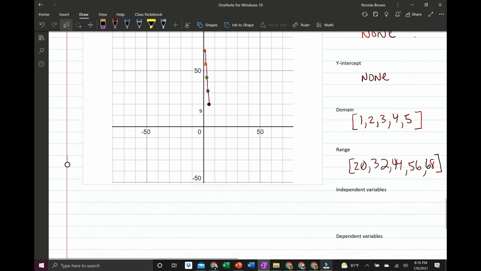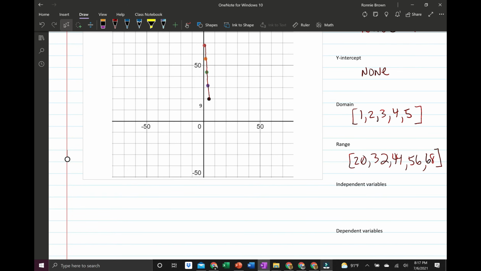All right. Now we need to look at independent variables and dependent variables. Well, it's just what it says. An independent variable stands on its own. A dependent variable is dependent upon the other variable. So let's take a look at our situation.